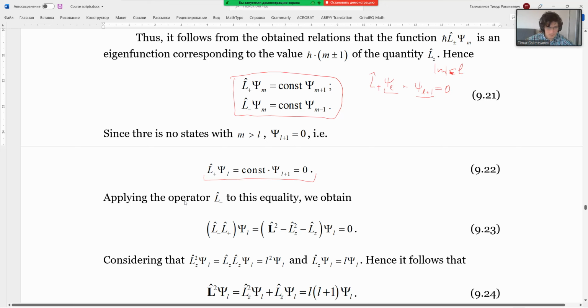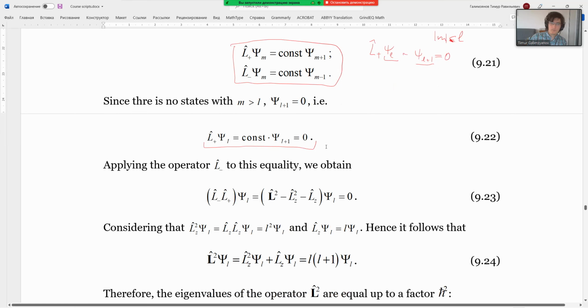I hope it is clear that there could not be such a state with a projection of the angular momentum larger than the largest value. The phrase "there couldn't be such a state" in quantum mechanics means that the wave function of the state equals 0. So L plus acting on psi L equals 0.